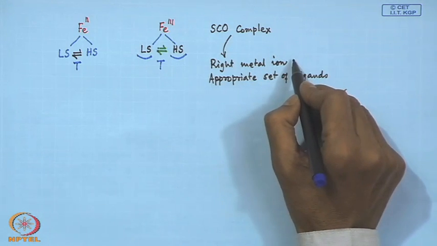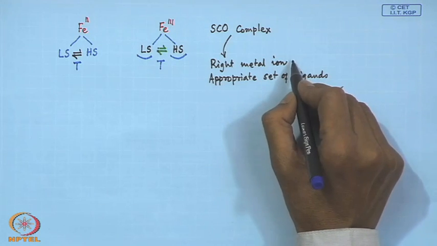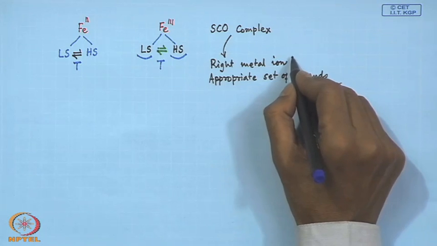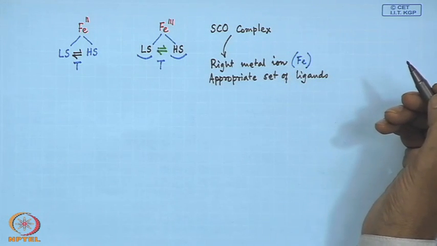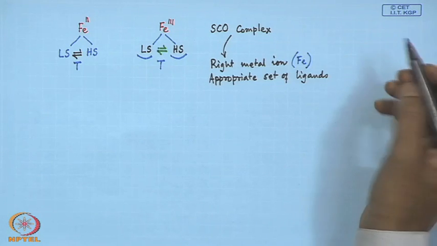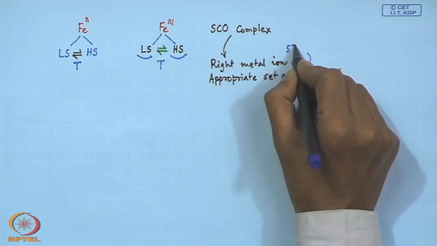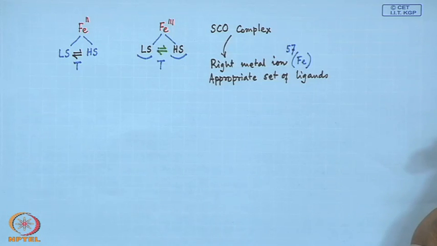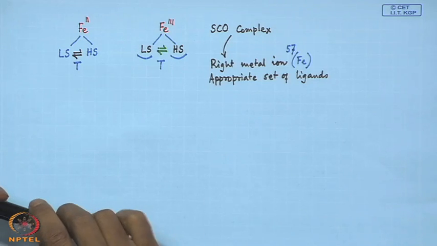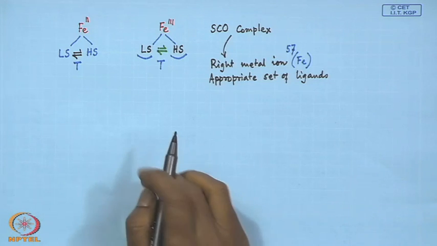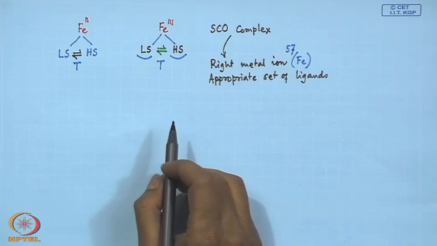So, the right metal ion: luckily, when we are talking about Mössbauer spectroscopy, we are lucky enough to take the iron center. We will be talking about the 57 iron species. The 57 iron isotope can give rise to signatures for two different types of splitting, the isomer shift and the quadrupole splitting.